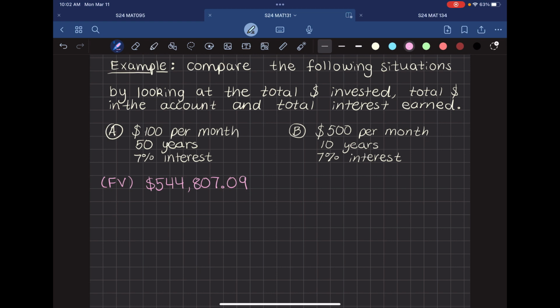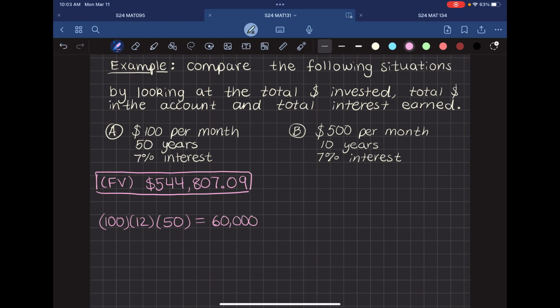And then from this, this isn't going to be in the calculator. This is the piece that you get from the calculator. We can kind of figure out what our interest that we earned would be by looking at the amount that we actually put in, which would be the $100 every month, so times 12 times 50 years ends up giving us $60,000.